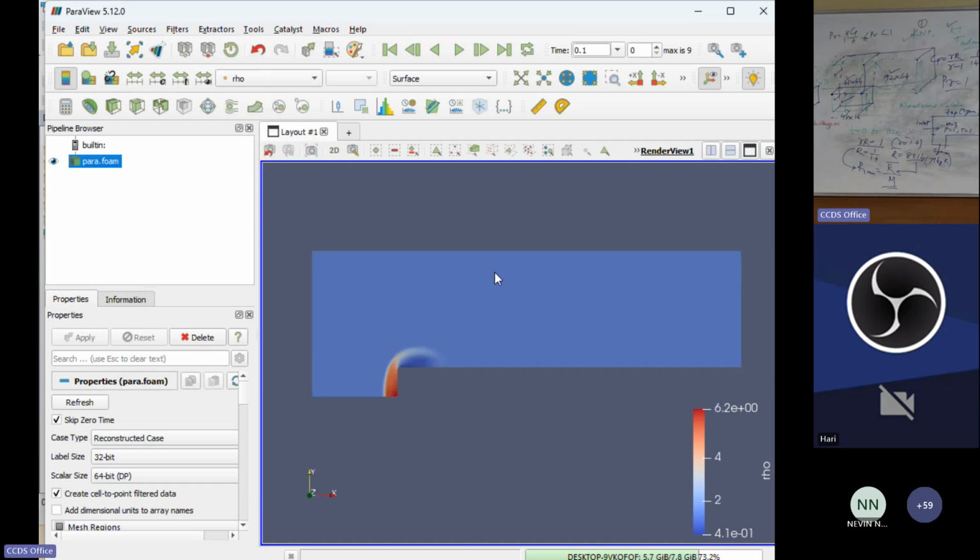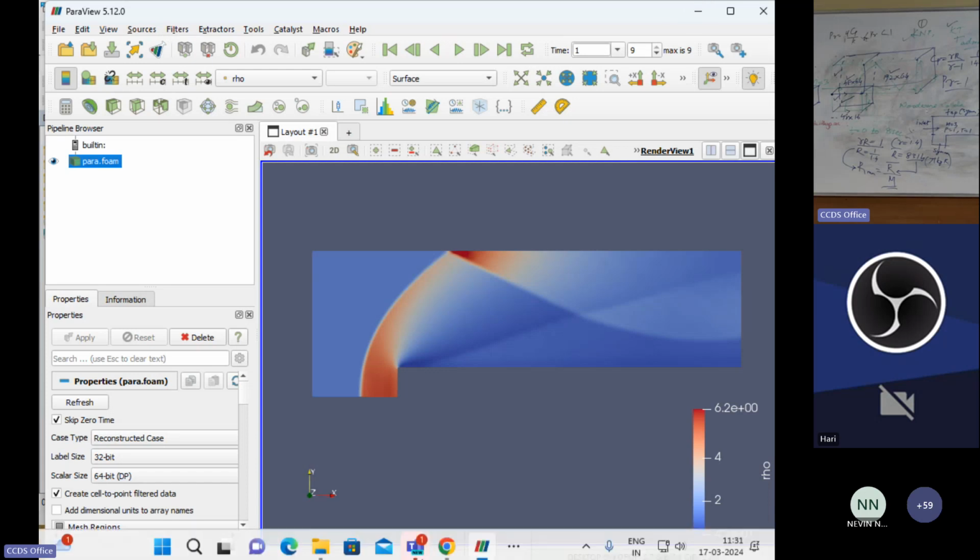Change it to density. So it is flow evolution with time, and you can play a nice animation also here. Typically, if you run the solver, it will again evolve into flow structures. This is a bow shock, and then the bow shock is reflecting from the top surface, and then it is reflecting back inside the domain, right?